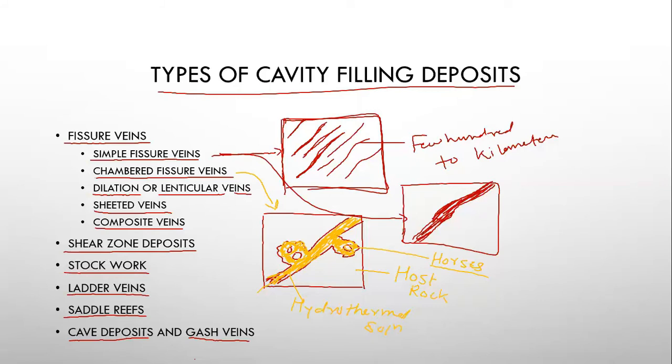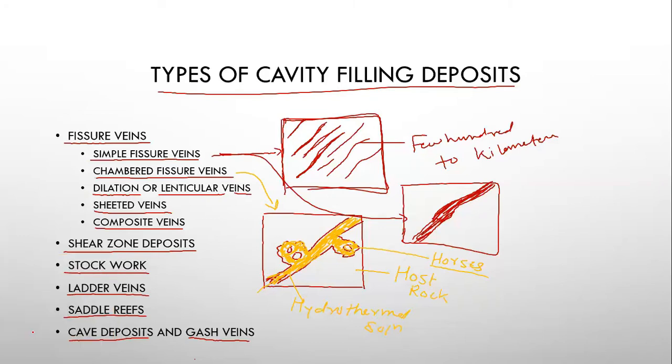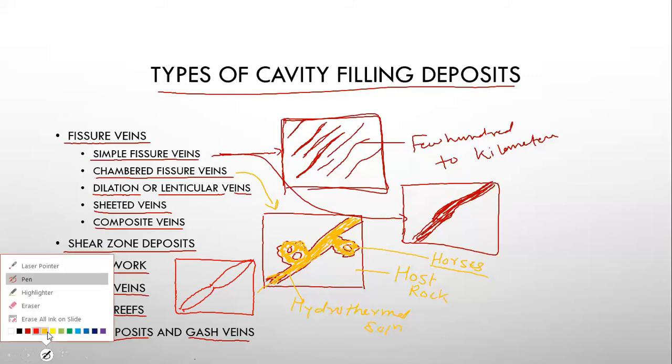Next one is dilation or lenticular. So these deposits are lens-like shaped, lens-like cavity or opening.